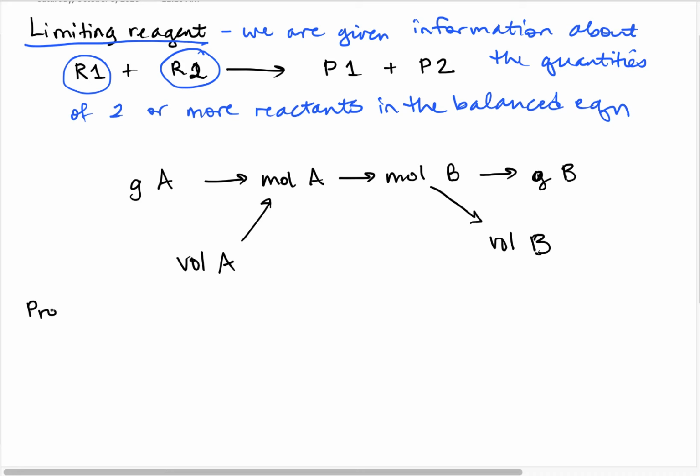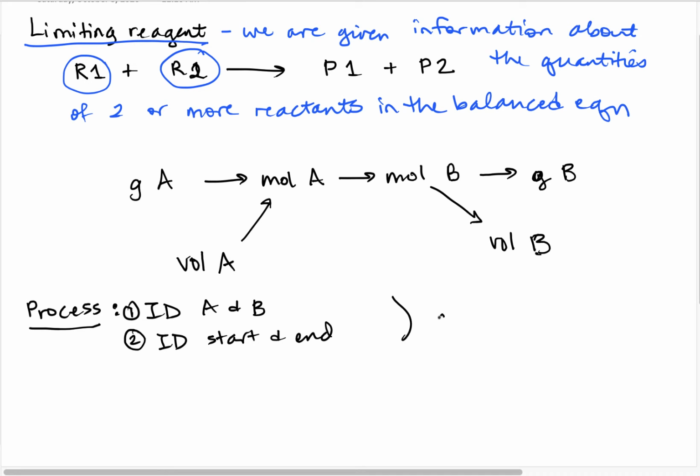So our process, just to review, is that we're always identifying A and B, and then we're identifying the start and the end. And then we're following whatever trail it is that we need to do to get between our starting point and our ending point. And so this is any stoichiometry problem.